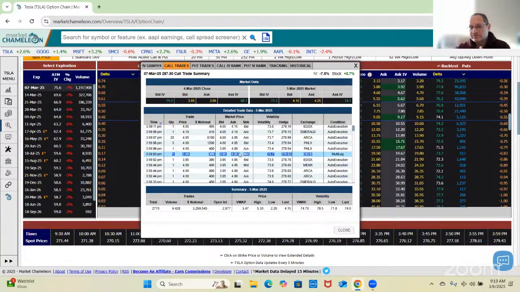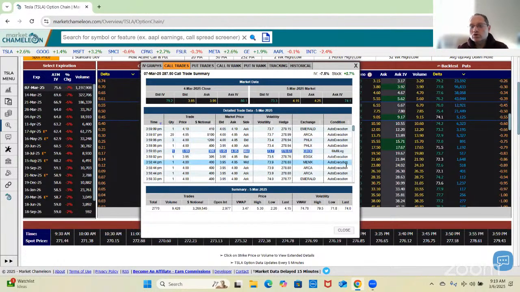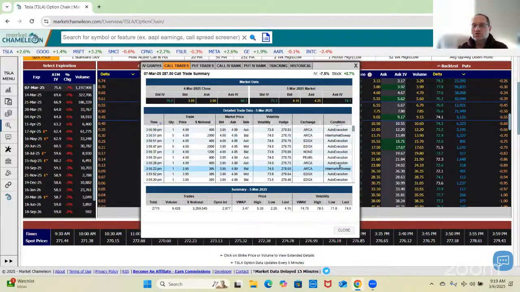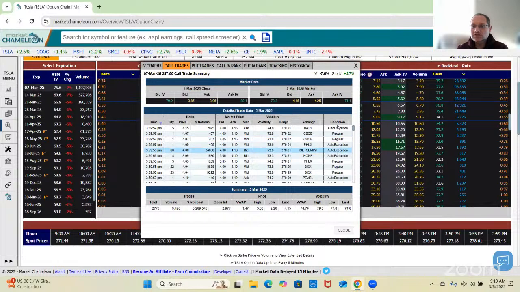It could have been part of a spread or a different multi-leg that had 3 legs, 4 legs, whatever it was. But this one was not just a regular single leg execution. Okay, so that's important when we're looking at these trades, because we could see how people are using these options. Here's another multi-leg trade. Okay, so those are the different conditions tied to that particular trade.